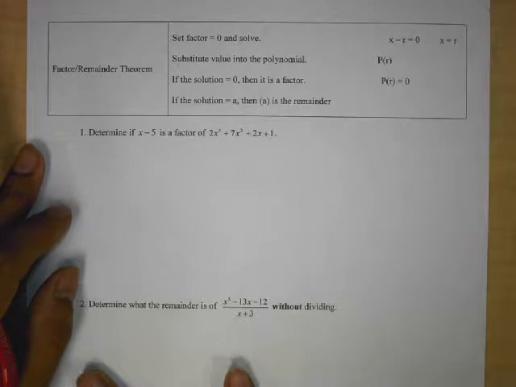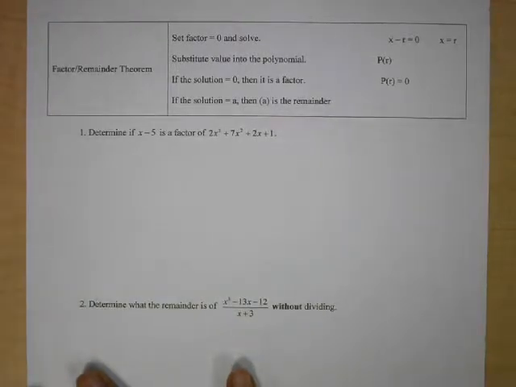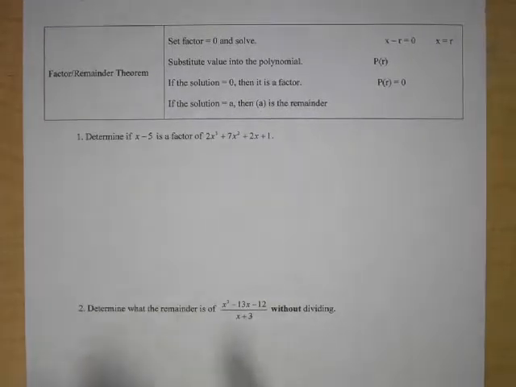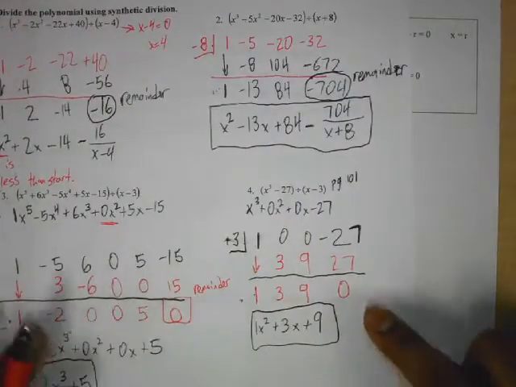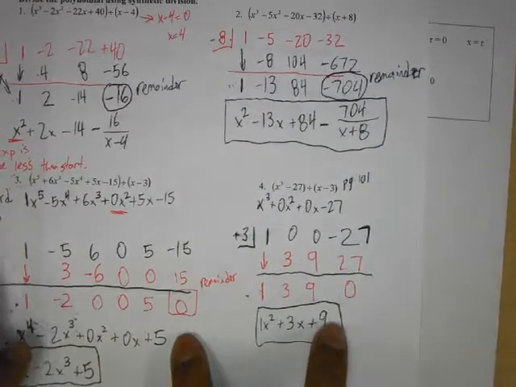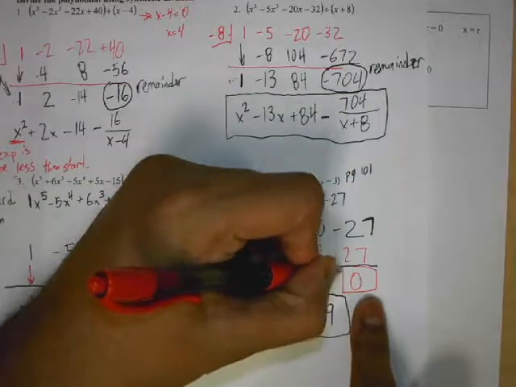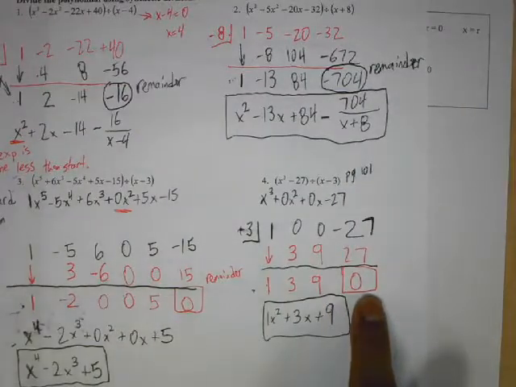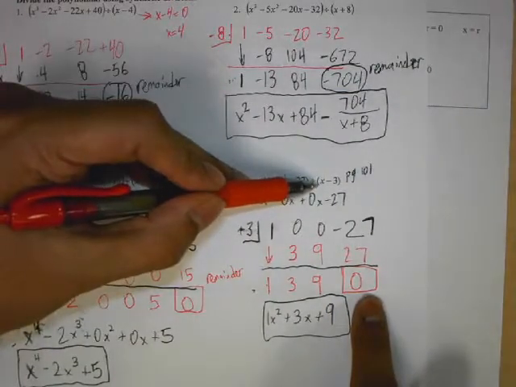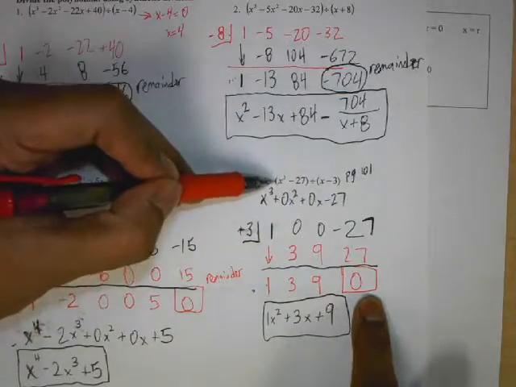So what they point out is, if you do synthetic division and your answer gives you a remainder of 0, for example, this last problem that we solved, actually these last 2, where the remainder was 0, we know that x minus 3 that I divided by is a factor of this.